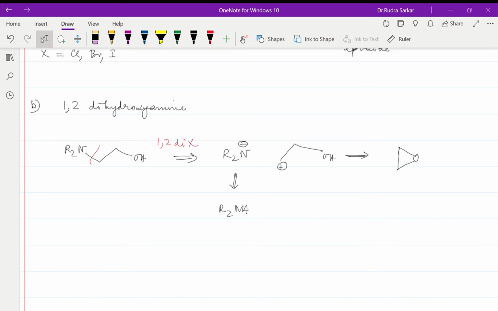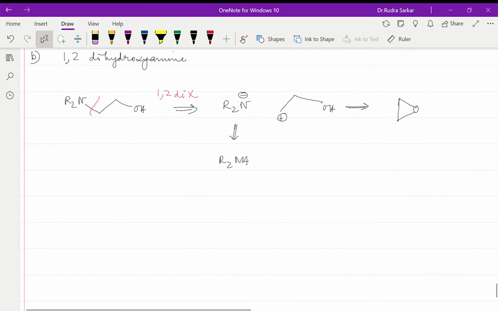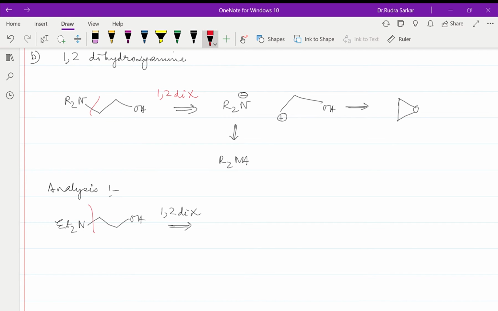So let us use this in a disconnection of a 1,2 dihydroxyamine. So we are doing the retrosynthetic analysis of this molecule, which is the 1,2 dihydroxyamine. So again we are doing 1,2 DIX. We will disconnect over here, so it will lead to R2NH minus.